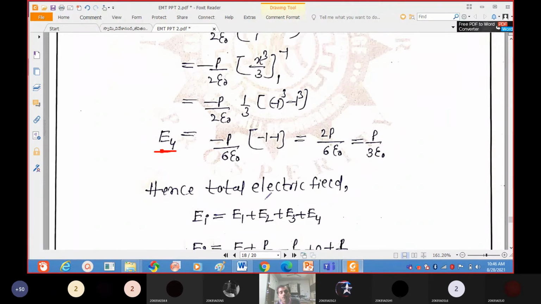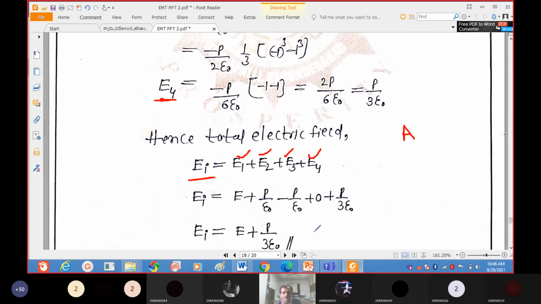Now coming to the total electric field acting on a point A. Let us take it as EI, because this is the internal field. EI is equal to E1 plus E2 plus E3 plus E4. Substitute all the values. We already know the E1, E2 and E3 values, and the E4 value we calculated here.